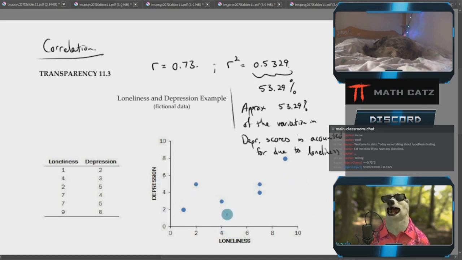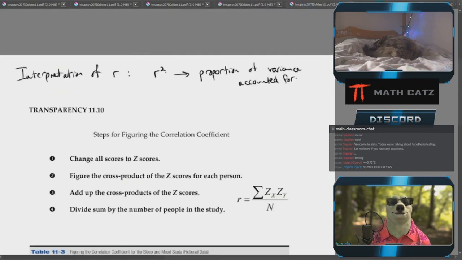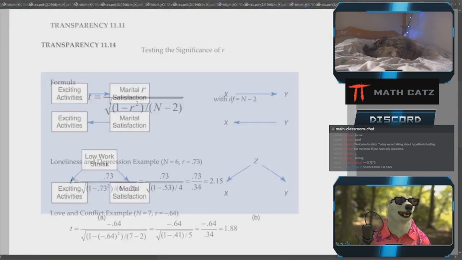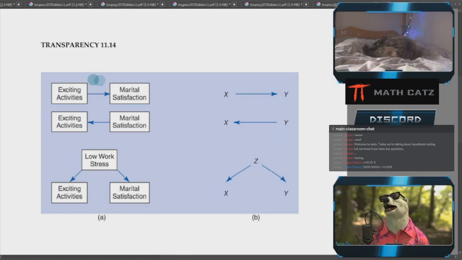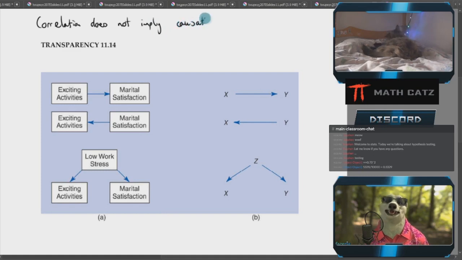Of course, I don't know exactly how these things are related. And there's one danger trap that we can easily fall into. Correlation does not, let's say, imply causation.